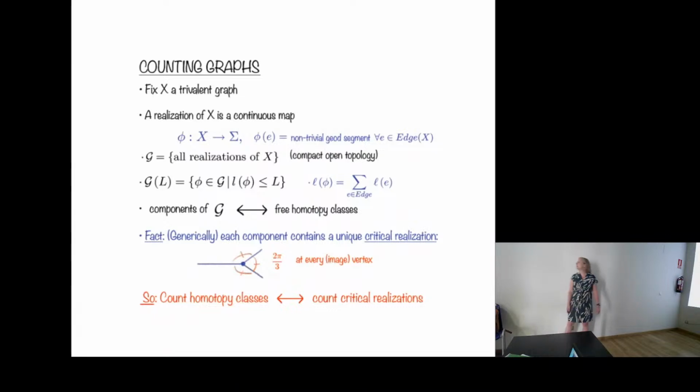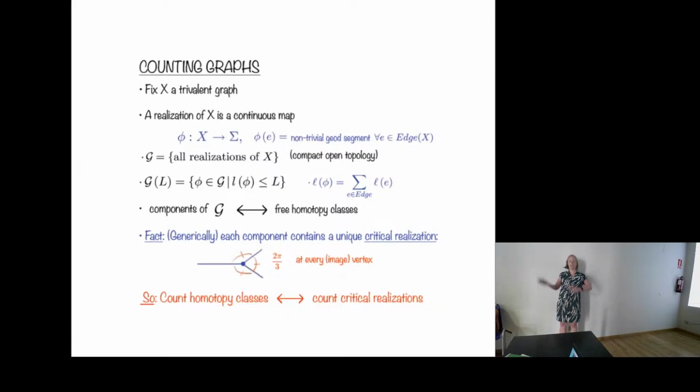Sorry, did you say what you meant by generically? No, only a hand wave. I want that all the edges are long. There's some lower bound, such that the realization maps into something where all the edges are longer than that. But really what it will mean is when we can count all of them. Things are going to grow exponentially, so one can ignore things that are not long.